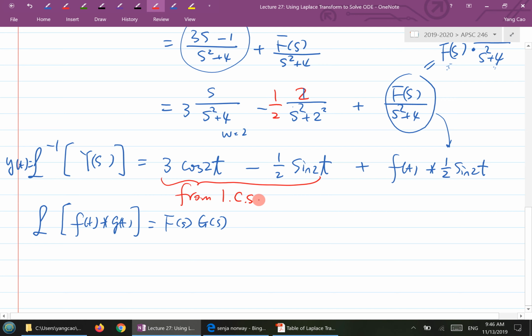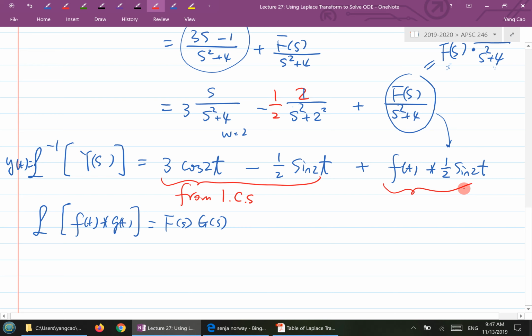If you track where the part of the solution comes from, within the solution for y of t, part of the solution is contributed from initial conditions.